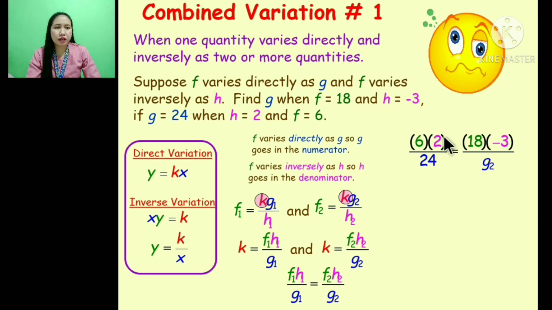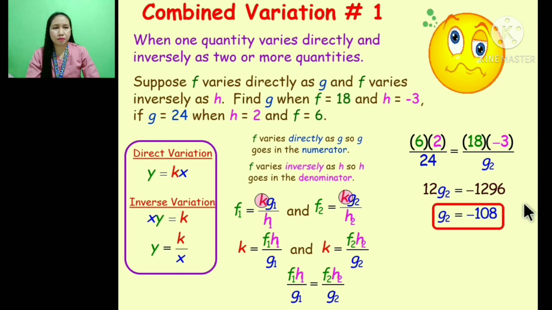So simplifying this equation, we have now 12g sub 2 is equal to negative 1,296. Divide both sides by 12, we will now get g sub 2 is equal to negative 108.